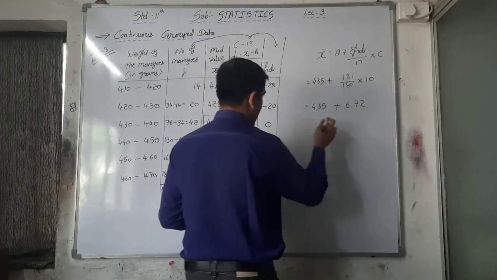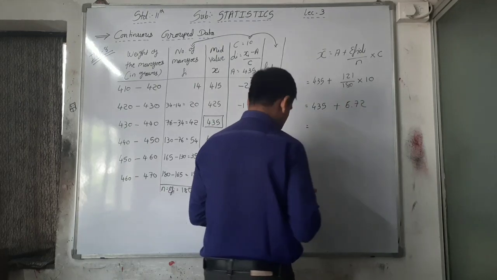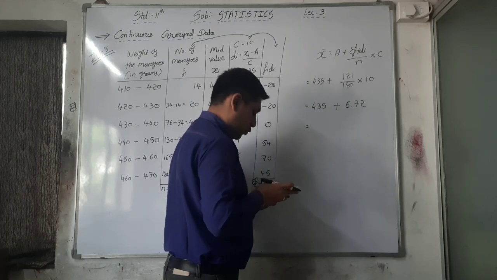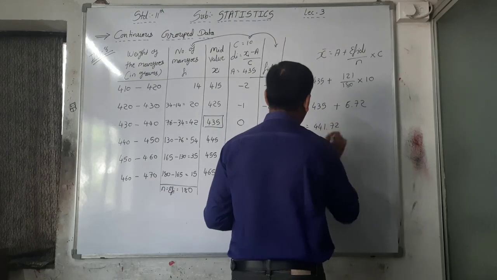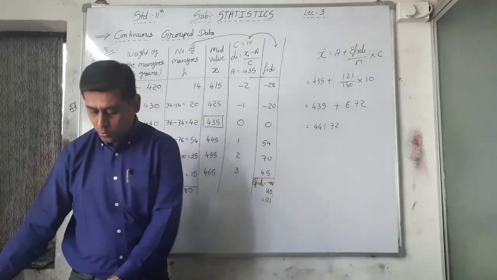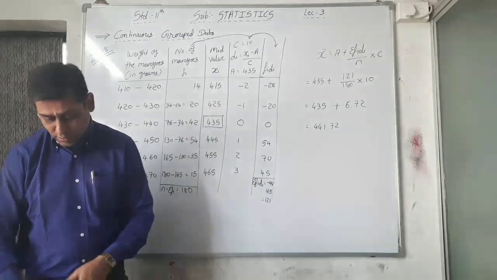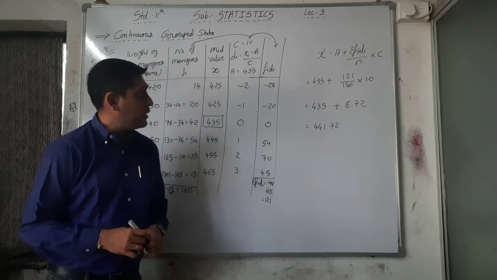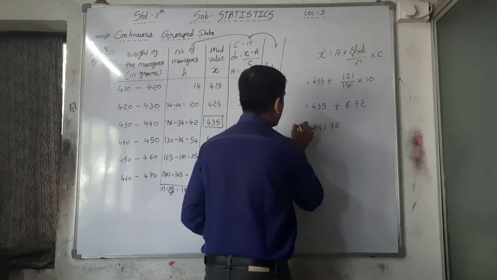That's why we are writing just 6.72. So 435 plus 6.72, the answer is 441.72. So you have to write just one thing: the mean weight of the mangoes is 441.72 grams.